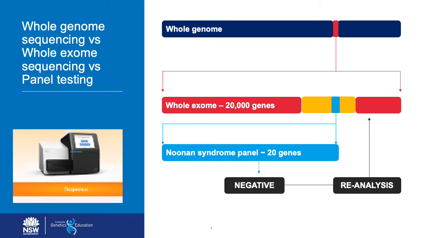This is termed a gene panel. If this is negative, because we have sequenced the whole exome previously, we can revisit as time goes by and reanalyze either all the genes associated with human disease or alternatively look at more Noonan syndrome genes as they are described with time.